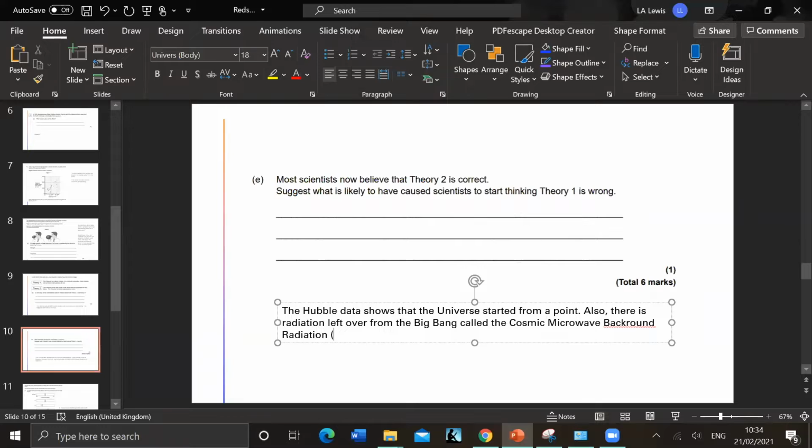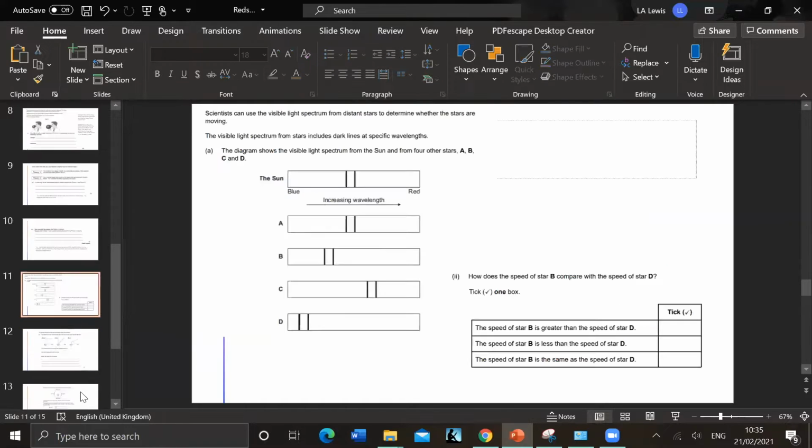Often shortened to CMB, or CMBR. As you might see it like that, it's all the same thing. Because there's been discovered a cosmic microwave background radiation, but it also started from a certain point. So I've given you 2 bits. I know it's only worth 1 mark, but I've given you 2 bits of information you could use there.